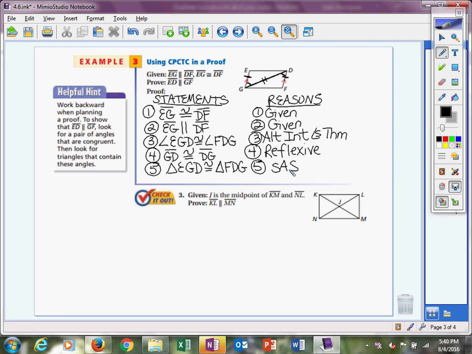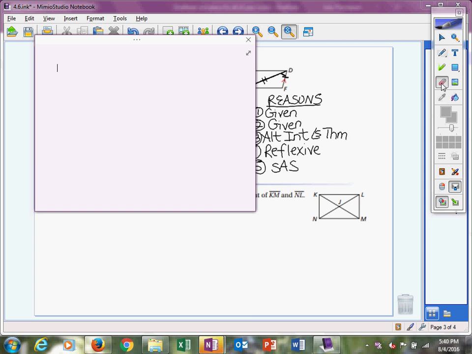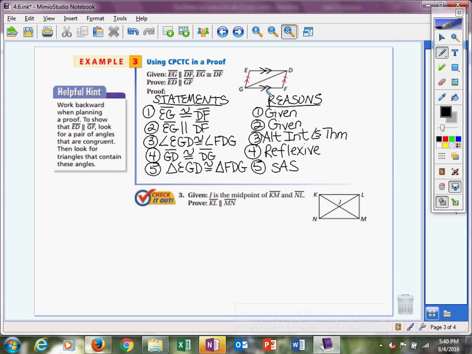So now this is the hard part. We need to use CPCTC. What is that? Okay, sorry, I don't know what just popped up there. We need to use CPCTC because our goal is to prove that these two sides here are parallel.